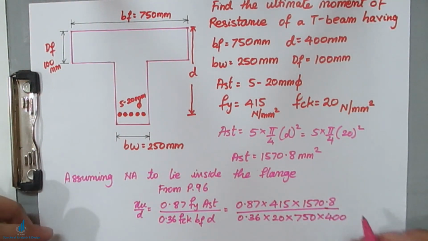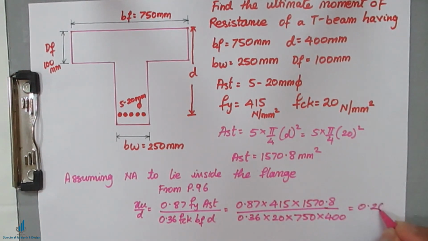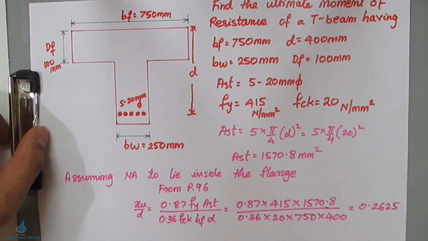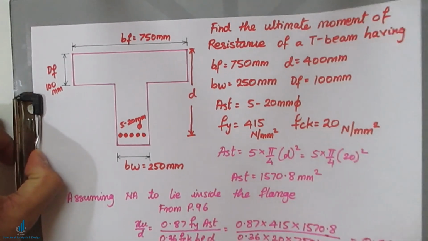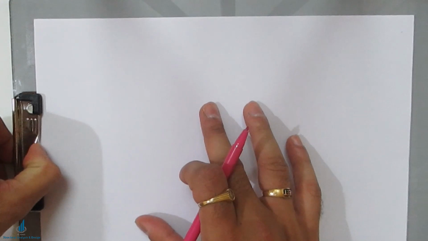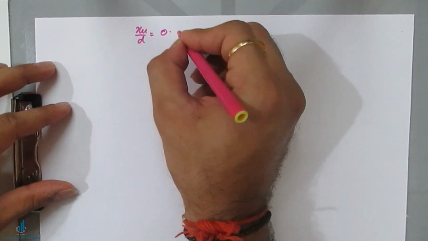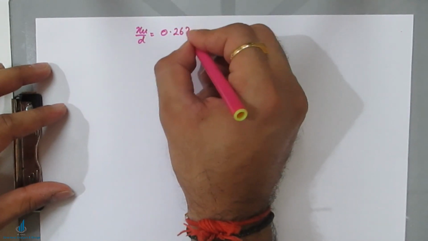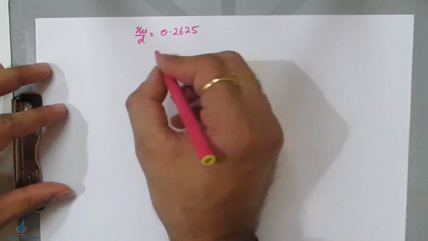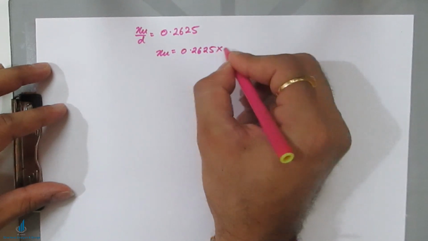So this XU by D value comes out to be 0.2625. So this is the value of XU by D. You know the D value, the effective depth value, so transfer it to that side. 0.2625 into 400.